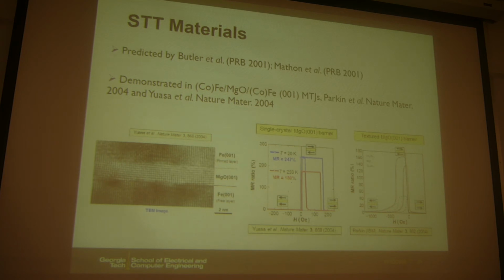Actually, the STT effect was theoretically predicted by those two papers in 2001, purely by solving the physical equations. So they predict that it will have this kind of phenomenon in certain structure of certain materials. And experimentally, later, in 2004, this STT effect was demonstrated by two groups, one from IBM and one from Japan.